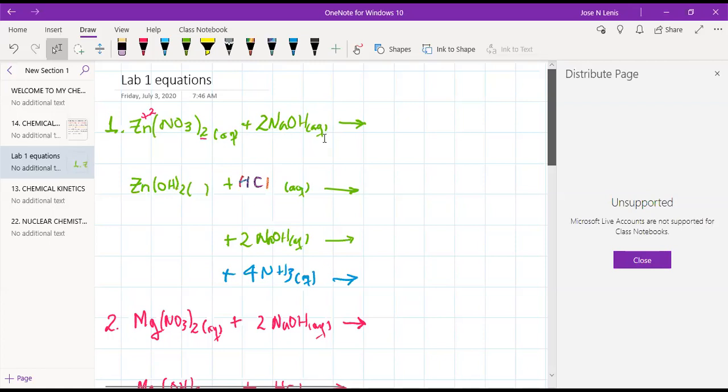And what did you see? What do we get here? You can stop here, go and check your notes to remember what happened after we added sodium hydroxide to the zinc nitrate, zinc 2 nitrate solution. And yes, it forms a PPT. What is a PPT?